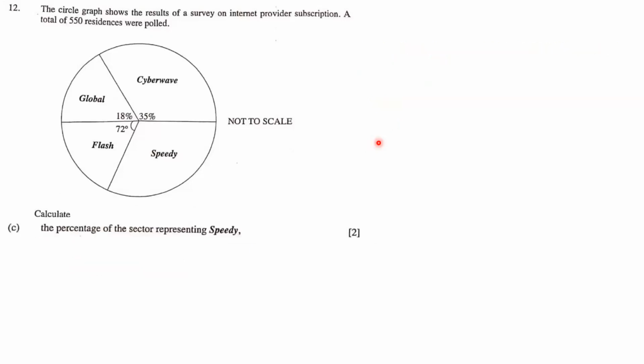Okay, moving right along, we have this question. It says we want to calculate the percentage of the sector representing Speedy.